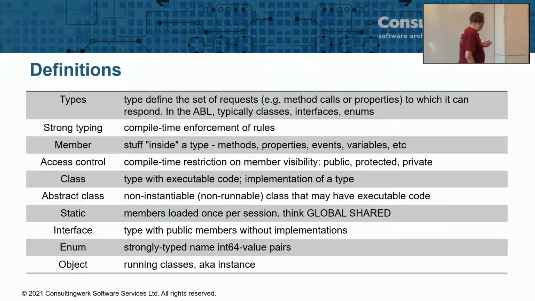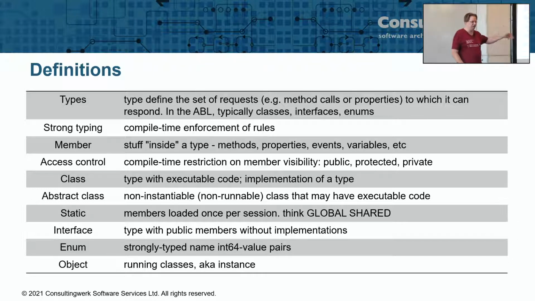A couple of definitions. I use that at the beginning of many of my object-oriented presentations. You may have seen that before. Types. A type is a key concept. When we create a class or an interface or an enum, we create something that can be used as a data type in a defined variable statement. So it's a type.